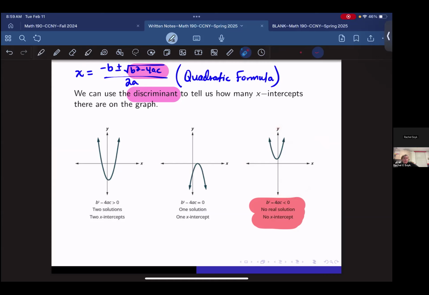Whereas, let's say underneath the square root sign, we had 0. The square root of 0 is 0, and then we're just looking at our x values that are just -b over 2a. However, any quadratic function will always have two solutions, and so this is just showing one.